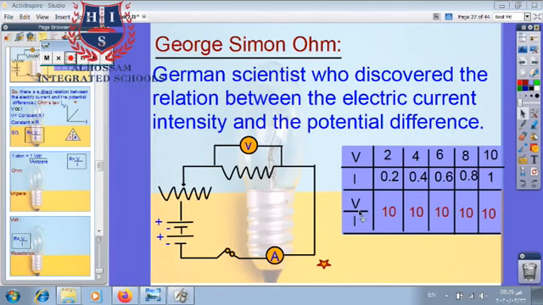He connected the electric circuit as it is, then measured and recorded the reading of the voltmeter, then the reading of the ammeter and recorded it, for example, and repeated this step many times. Each time he changed the value of the rheostat, or the value of the variable resistance.